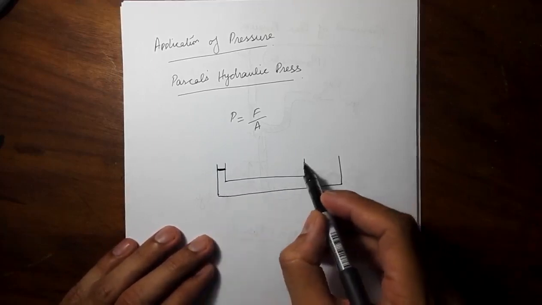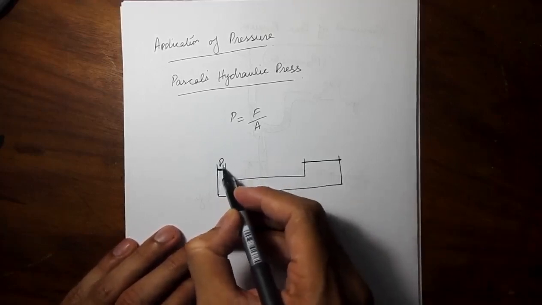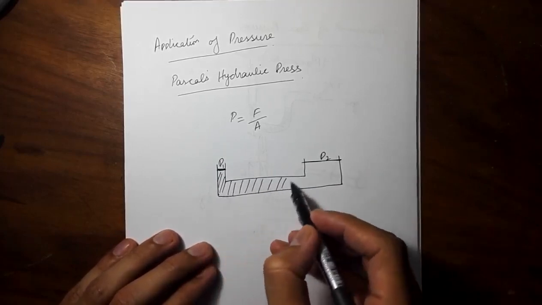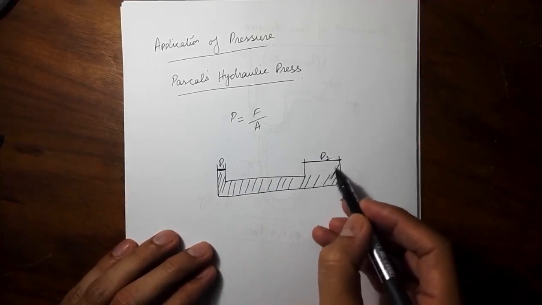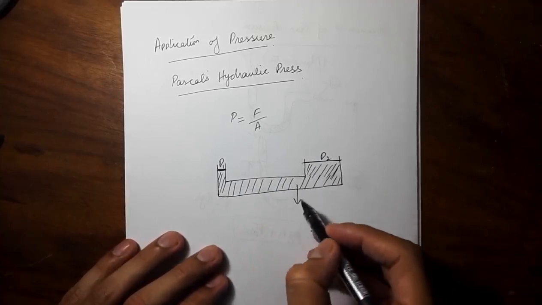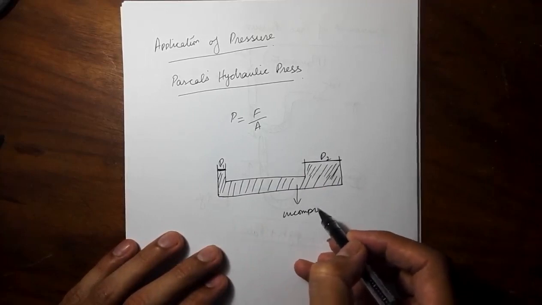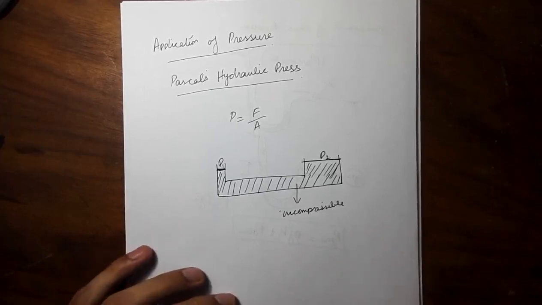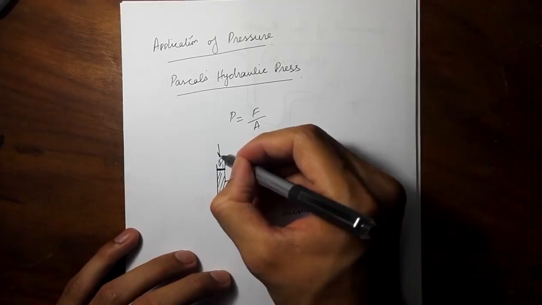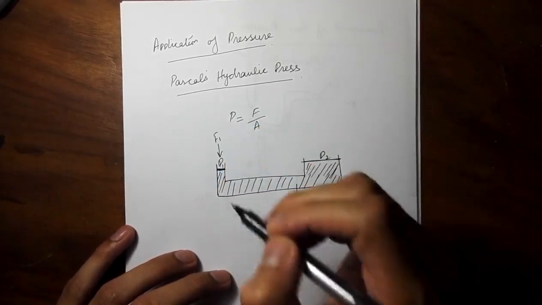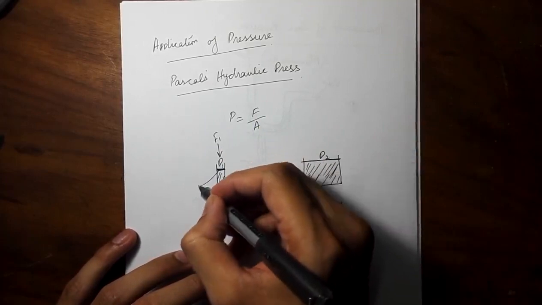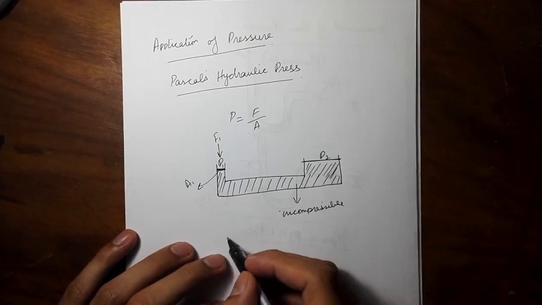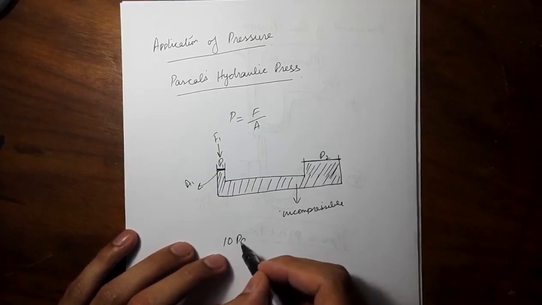Let's suppose there is a system over here. There are two pistons, this is piston 1 and piston 2, and in this sealed pipe there is an incompressible liquid, a liquid that cannot be compressed when pressure is applied to it. Now if we apply force F1 over here, and this piston has area A1, let's suppose its pressure value is equal to 10 Pascal.